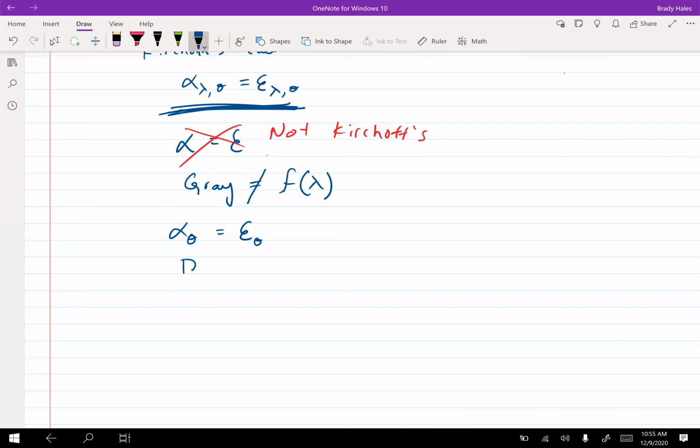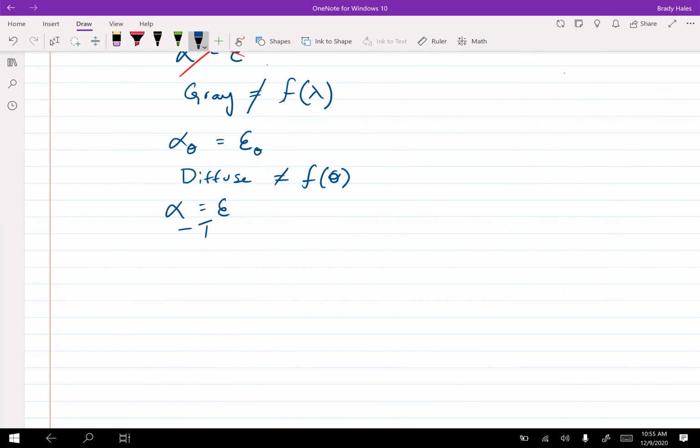And then we say for diffuse, it is not a function of theta, right? So continuing, we just erase the thetas and we say alpha is equal to epsilon. This is true for gray diffuse surfaces only.